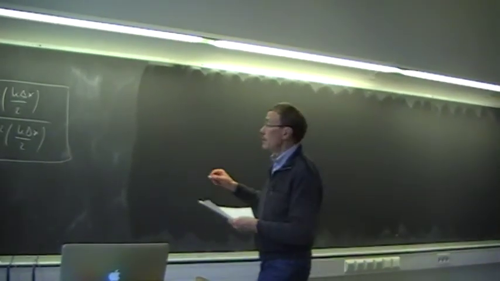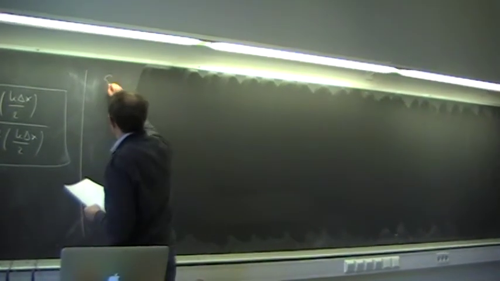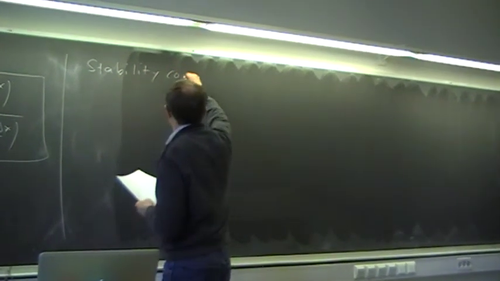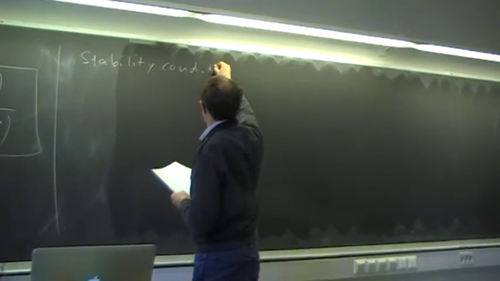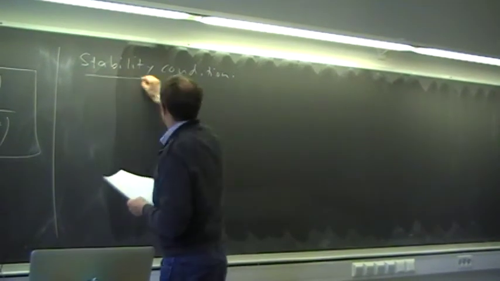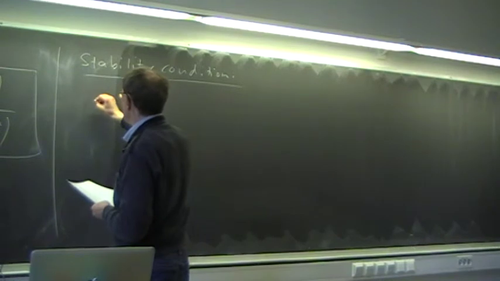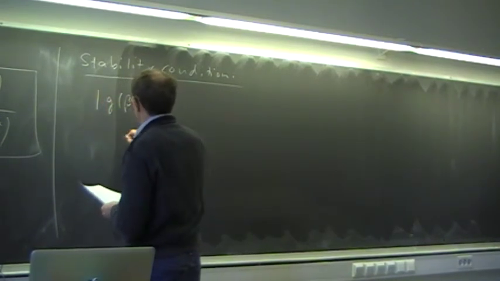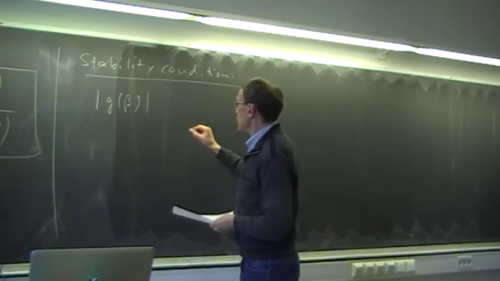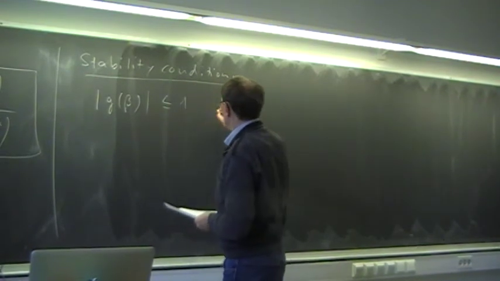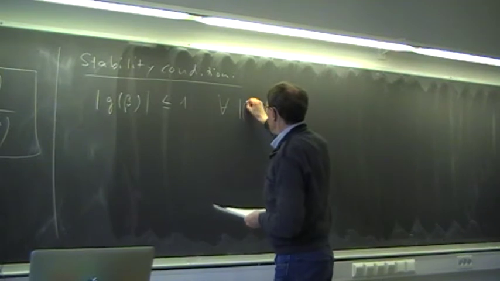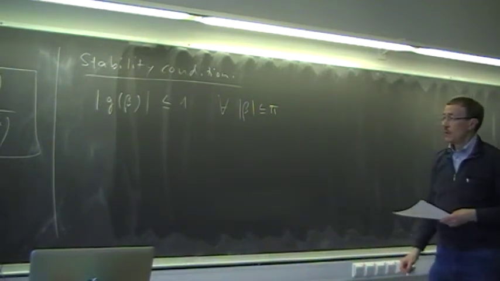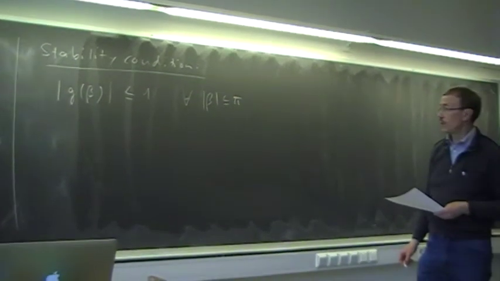So then, the stability condition. If we now introduce beta for k delta x, the absolute value has to be smaller or equal than 1 for all beta. Interesting ones are for up to pi, then we cover essentially all.